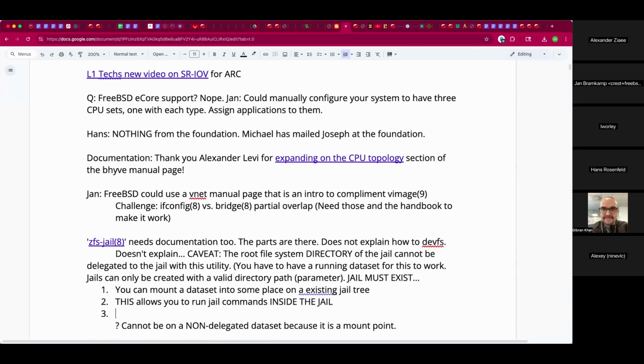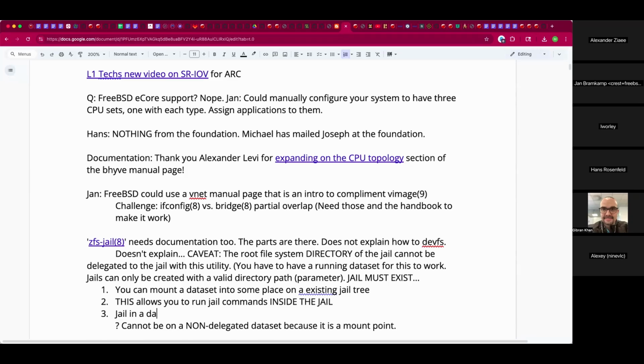Thank you very much. So that said, can a jail run ZFS commands on its own host dataset, or is that the blocker? If you use the zfs jail command to give the dataset into the administrative control of the jail, then the jail can use the ZFS commands on it: mount, unmount, if you allow it to mount file systems.